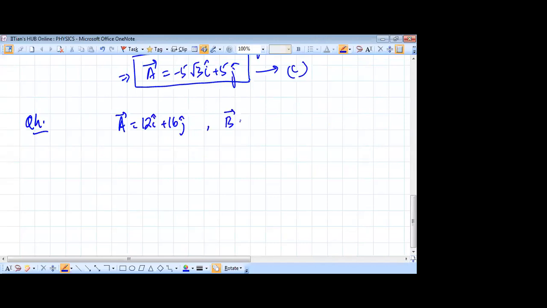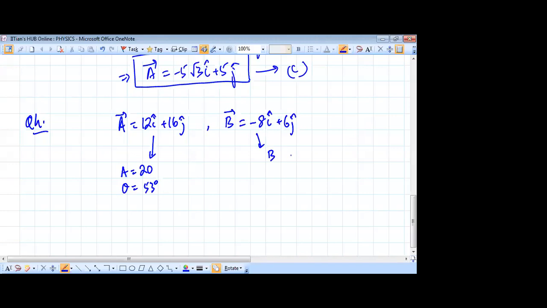And the vector B is given to us as minus 8 i cap plus 6 j cap. So to find the angle between them, we can simply understand that this vector is of magnitude 20 and is at theta equal to tan inverse 16 by 12. So that is 53 degrees with respect to x-axis.